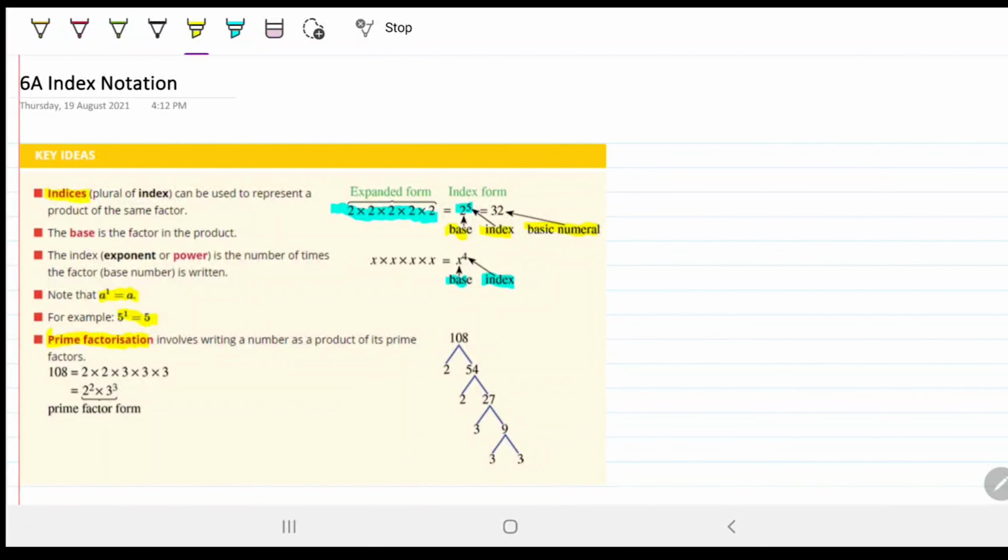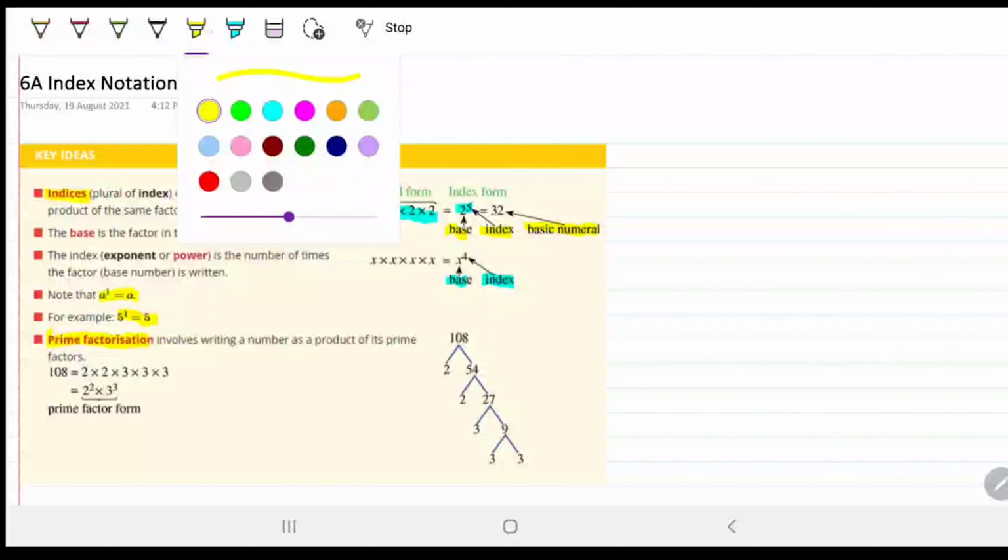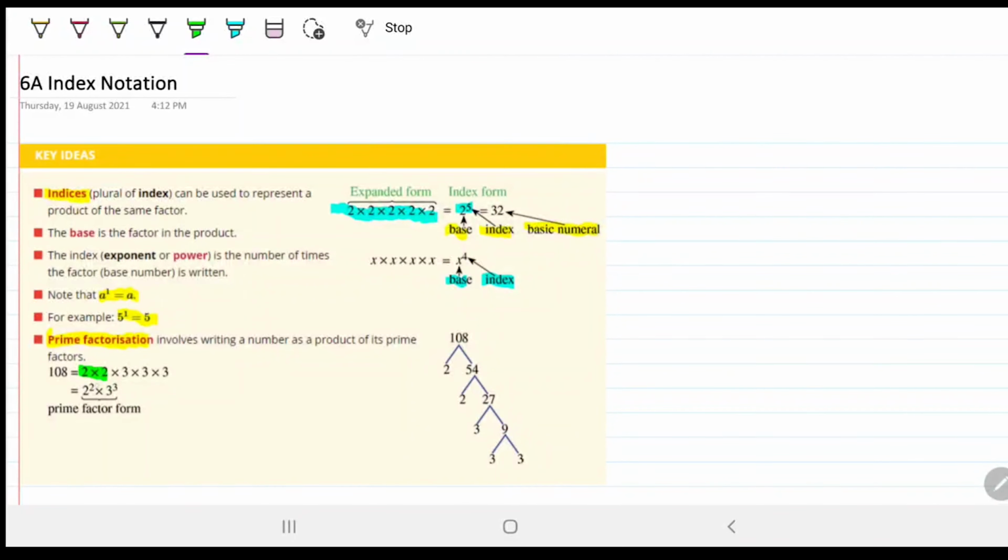So 108 can be written as 2 times 2 times 3 times 3 times 3. And we can actually see that 2 times 2, we see that 2 times, and 3 by 3, we see that 3 times. Therefore, in prime factor form, 108 is written as 2 to the power 2 times 3 to the power of 3.